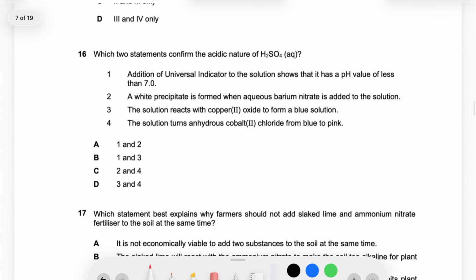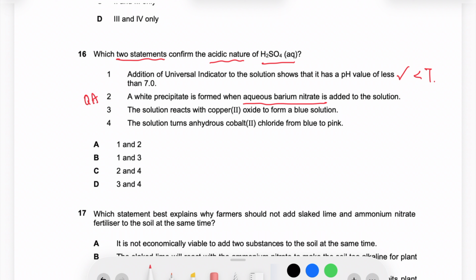Next, question 16. Which two statements confirm the acidic nature of sulfuric acid? We're looking for the true statements for acid. Addition of universal indicator to the solution shows that it has a pH value of less than 7. Yes, that is true because for an acid the pH will be less than 7, maybe pH 1 or pH 2. A white precipitate is formed when aqueous barium nitrate is added. Yes, this is under your qualitative analysis.